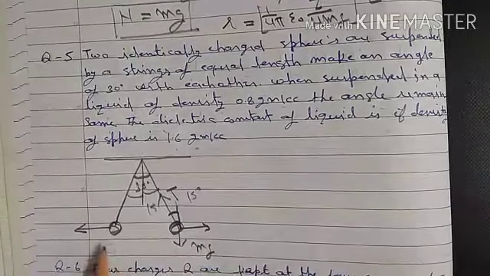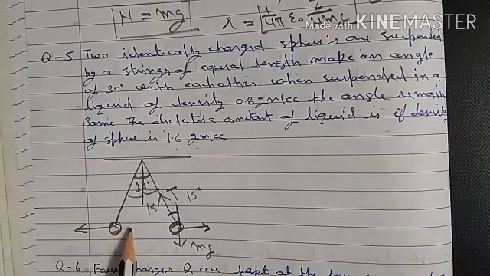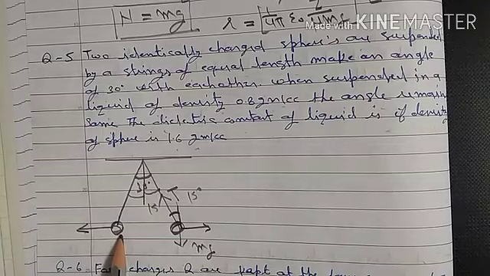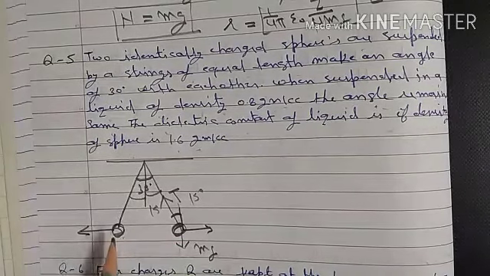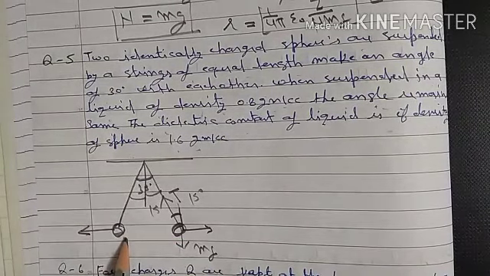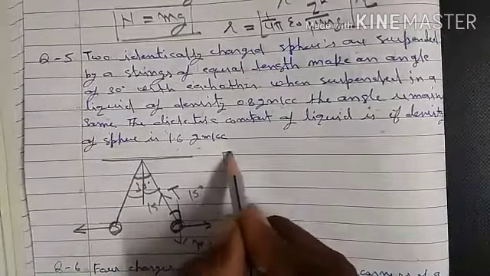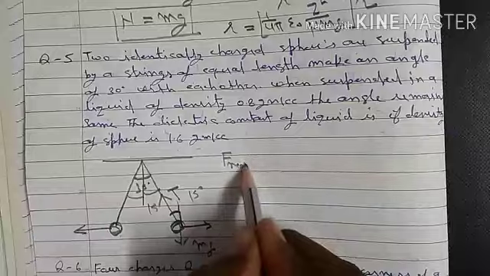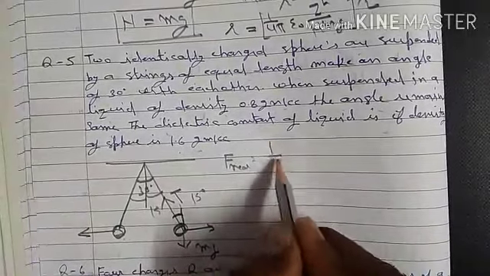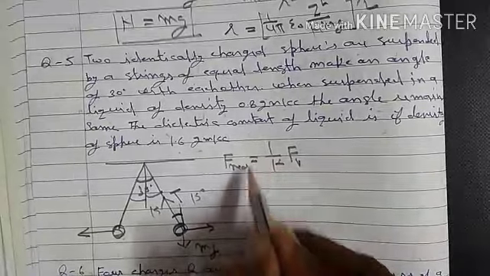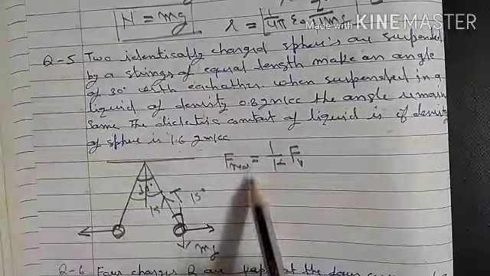When two charged bodies are suspended and surrounded by a medium, the net force on each charged object becomes 1 by k. As you know, the force in a medium is equal to 1 by k times the force in vacuum. This is the relation which I have taught in my lecture.